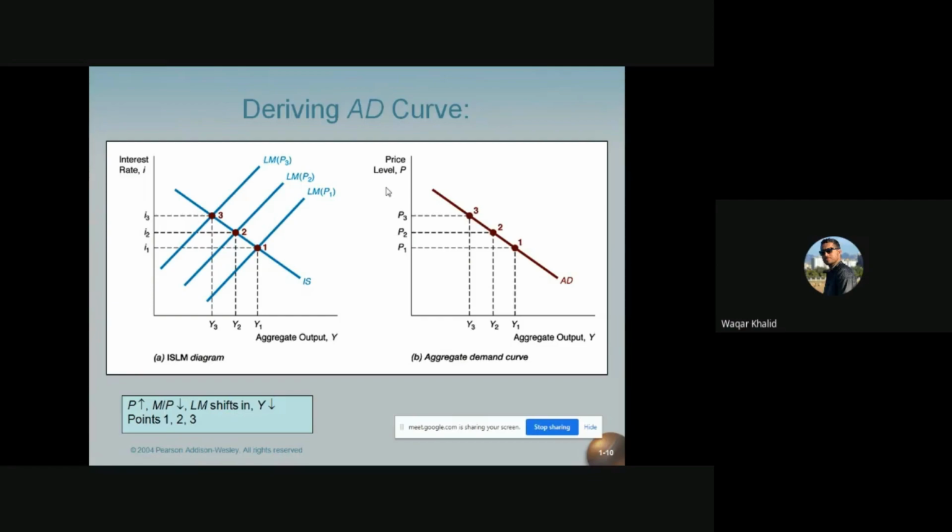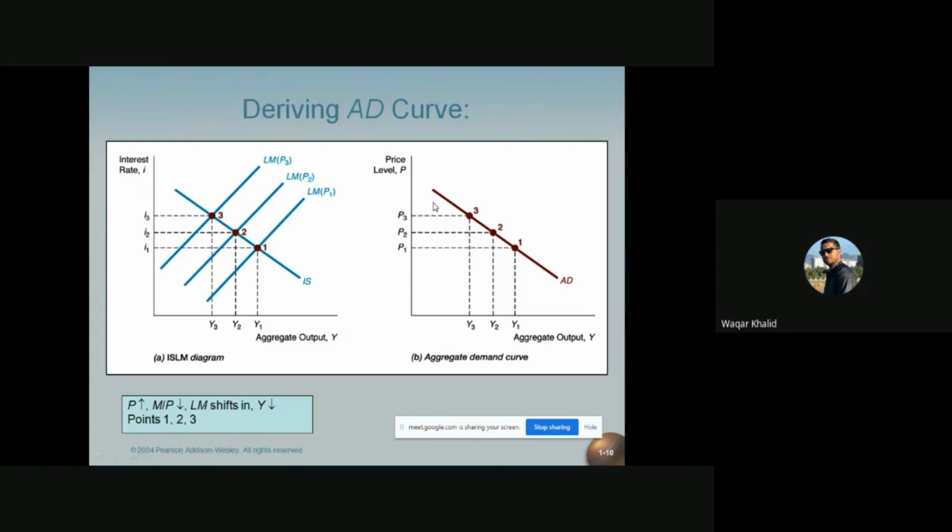Now, the new equilibrium level of output is Y2. It means that the new equilibrium level of output has fallen from Y1 to Y2, but the interest rate rises from I1 to I2.